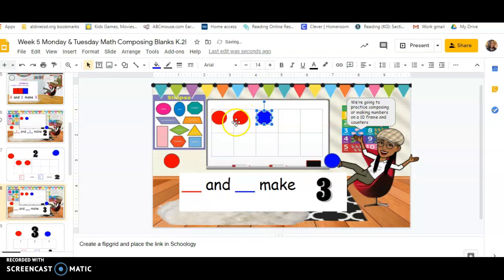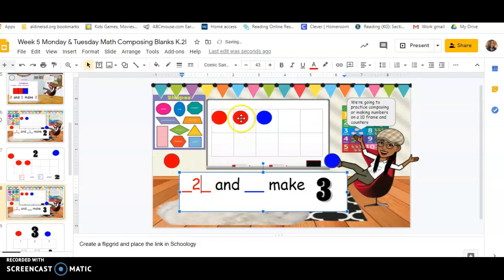Okay, 1, 2, 3. So I made the number 3. And I did that by using 2, because I had 2 red counters, and 1, because I had 1 blue counter, and I composed the number 3. See? 1, 2, and 3.